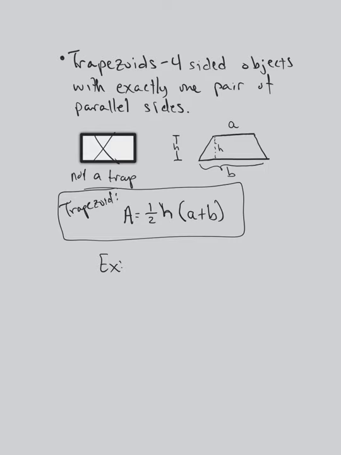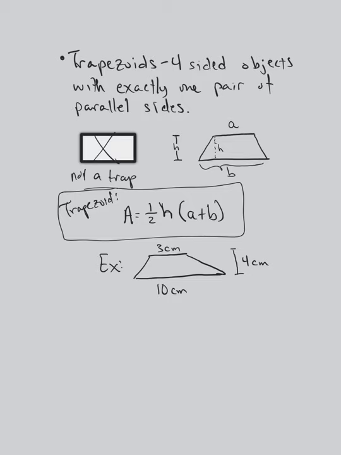It's just a matter of recognizing when you have a trapezoid, how to find those different dimensions, and then how to get the area of it. Say this top length here is 3 centimeters, and the bottom length down here is 10 centimeters. And say I tell you that the height here is 4 centimeters.